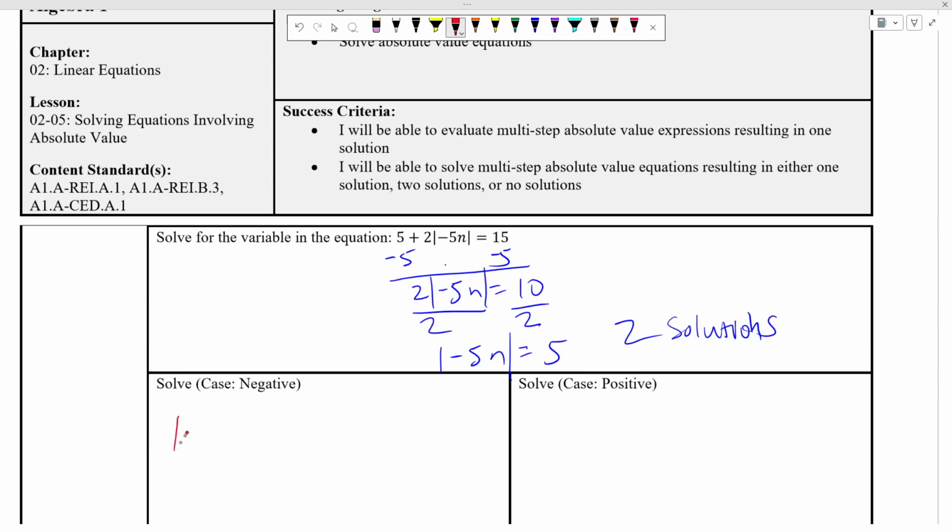So here, let's do -5n equals -5, and -5n equals +5 distance units. So -5n, the bars drop off, equals -5.